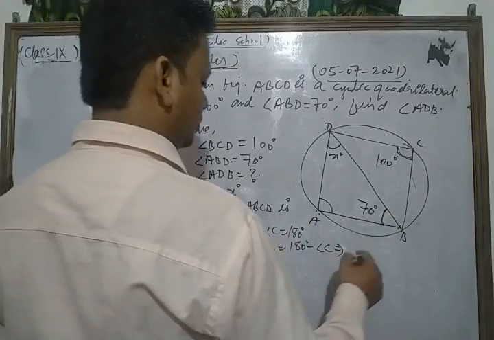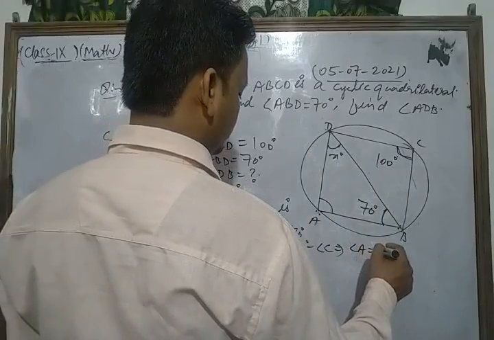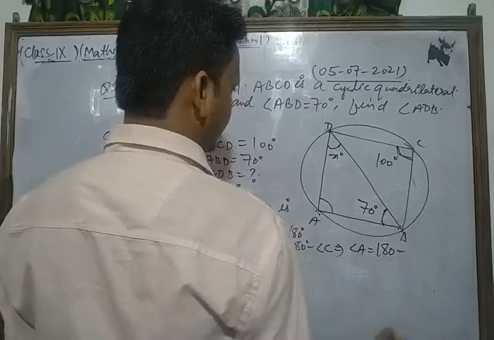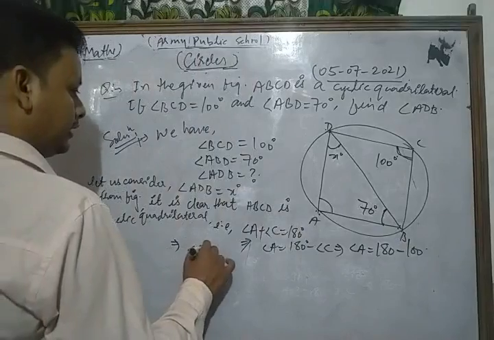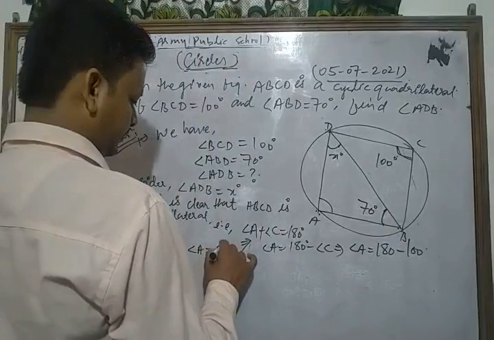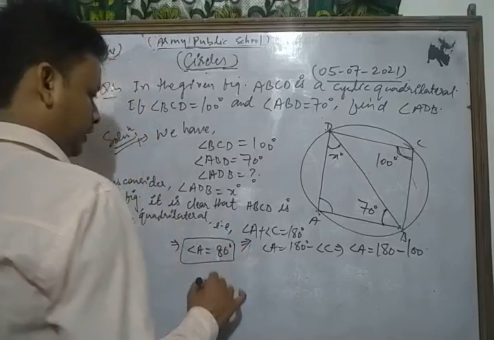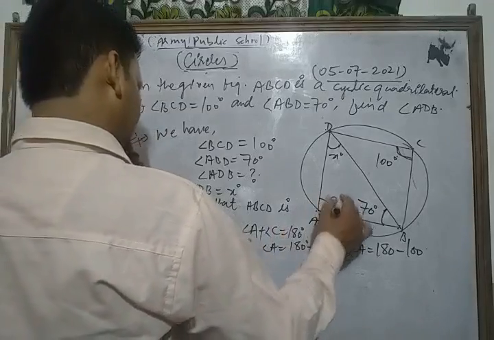So angle A is equal to 180 minus 100, that is angle A is equal to 80 degrees.